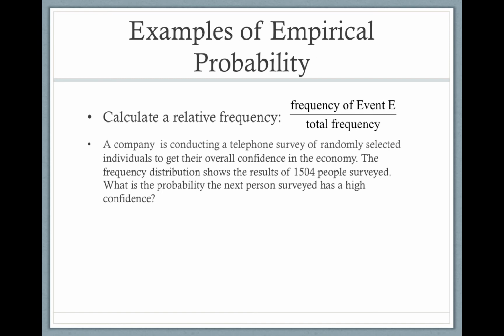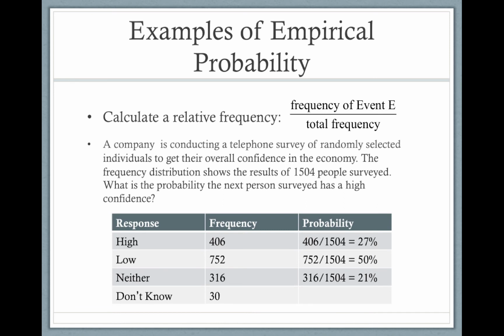All right, let's think about an empirical probability. Here, we're going to calculate a relative frequency, which again, you should already know how to do. That's the frequency of event E divided by the total frequency. So we've got a company conducting a telephone survey of randomly selected individuals to get their overall confidence in the economy. The frequency distribution shows the results of 1,504 people surveyed.